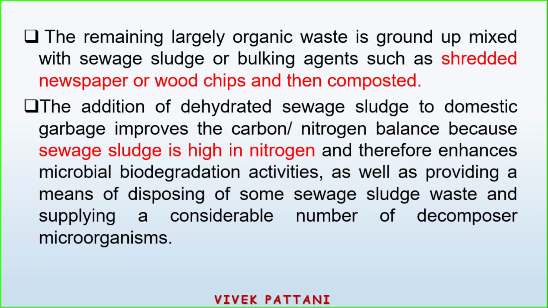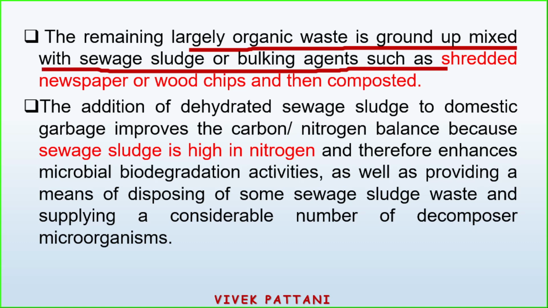Now the remaining largely organic waste is ground up and mixed with sewage sludge, or bulking agents such as shredded newspaper or wood chips can also be added, and then it is composted.